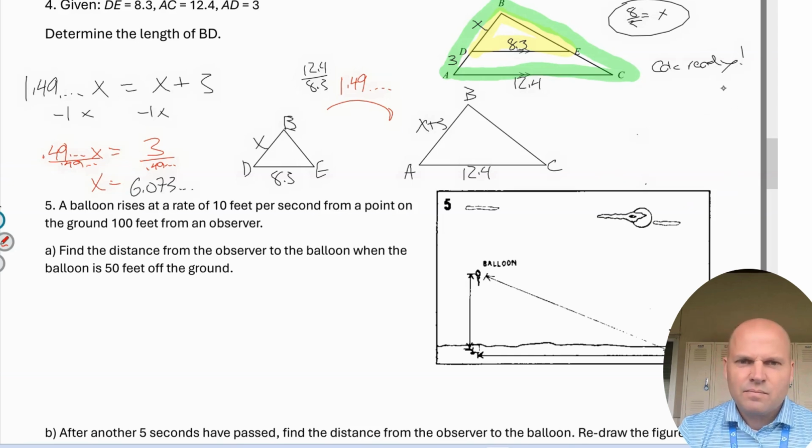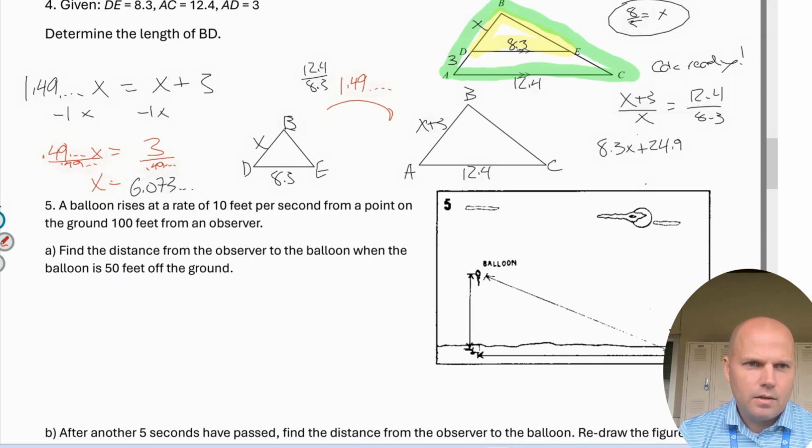The other way to do this is to set up a proportion. Bigger to smaller equals bigger to smaller. And cross multiply and divide. This is 24.9. Don't divide yet. Subtract the amount of X's.